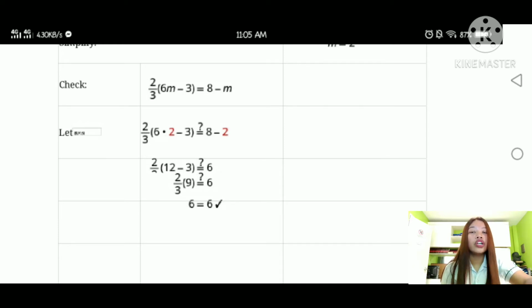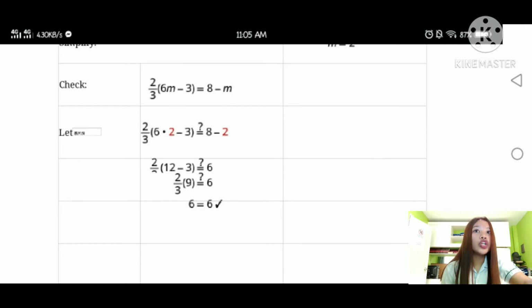So, 2/3 (6 times 2, which is the m, minus 3) equals 8 minus 2. So, 2/3 (6 times 2 is equal to 12, and minus 3) equals 6. Why 6? Because 8 minus 2 is equal to 6.